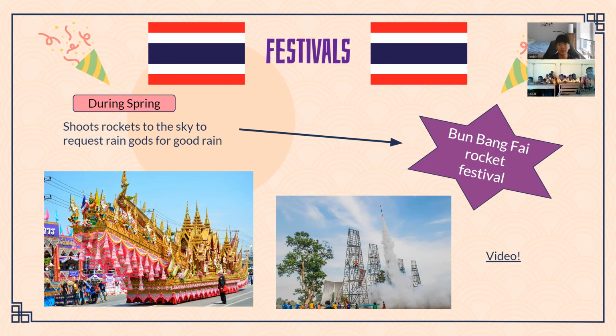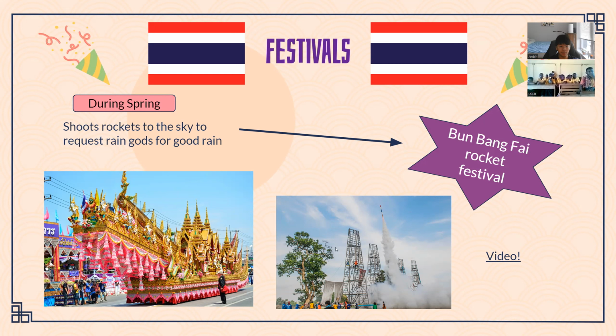This occurs during the spring season because that is the time where a lot of rain is to be expected. Just in case it doesn't rain, they are sending a message to the rain gods to ask them to rain.